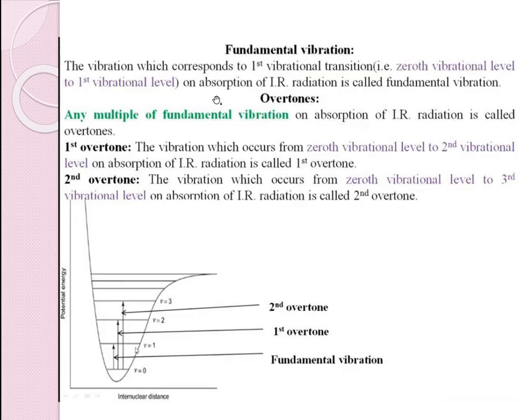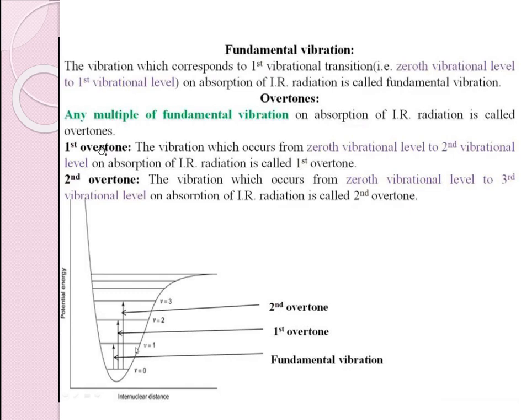Now we'll discuss different vibrations, fundamental vibration or overtone or Fermi resonance, a lot of things regarding FTIR. The vibration which corresponds to the first vibrational transition is called fundamental vibration. Fundamental means very basic. The transition from the zeroth vibrational level to the first vibrational level on absorption of IR radiation is called fundamental vibration.